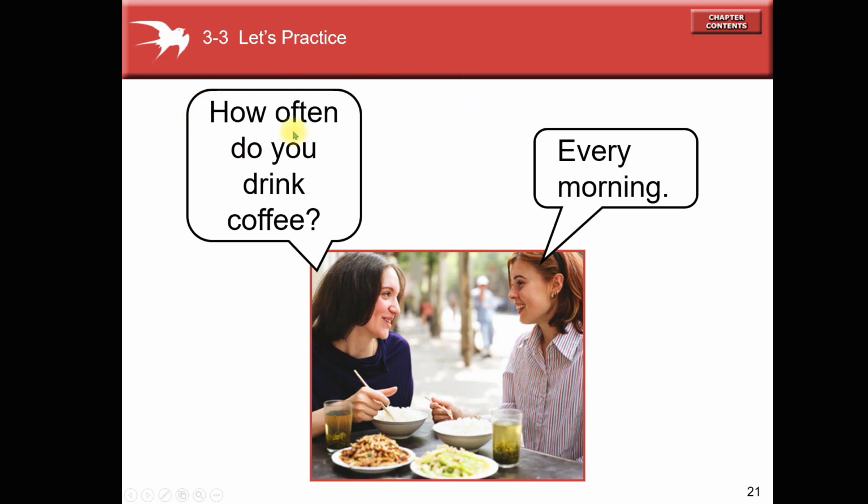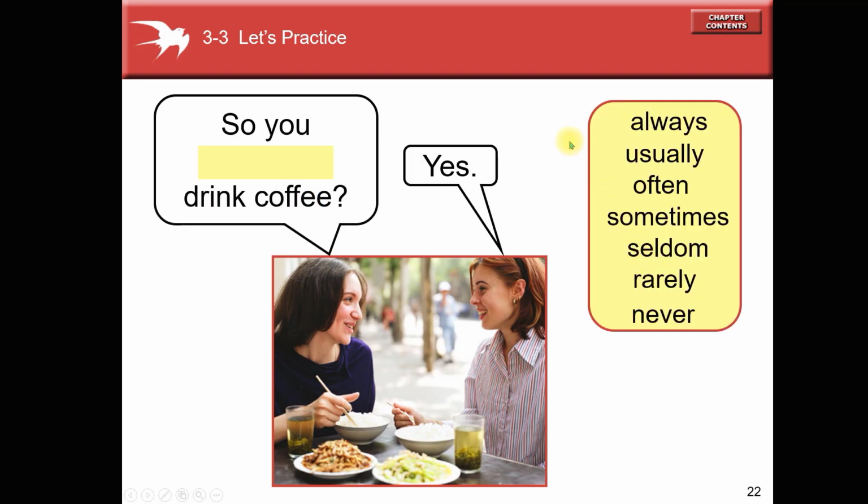How often is the question. How often means ¿con qué frecuencia? ¿Cuántas veces? How often do you drink coffee? Every morning. Okay? So you always, usually, often, sometimes, seldom, rarely, or never drink coffee. So when we say every day, what is the frequency?